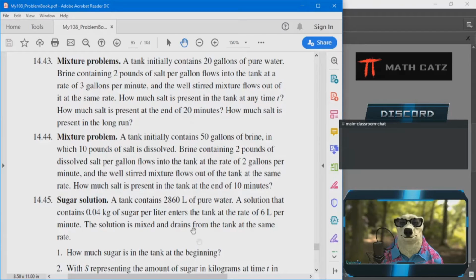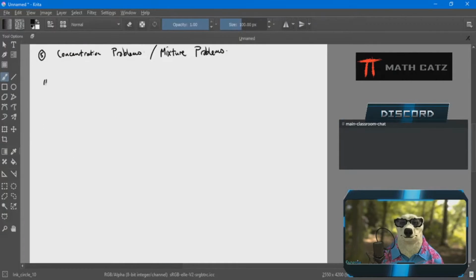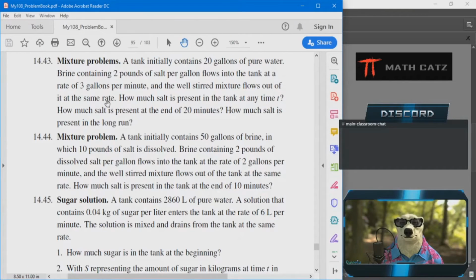Just the setup first. So let's get creative and draw a little picture here, so I can visualize what is happening. A picture always does so much good. Some stuff's coming in, some stuff's going out. To make it simple, 3 gallons per minute will be coming in, and the mixture flows out at the same rate.